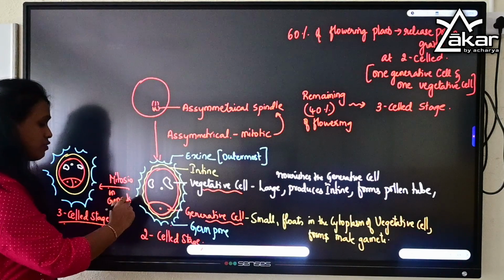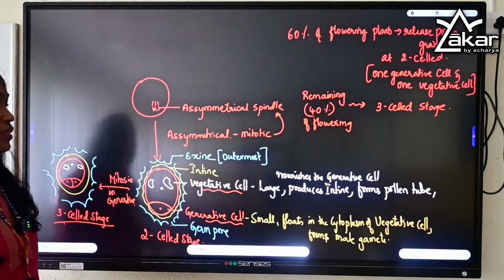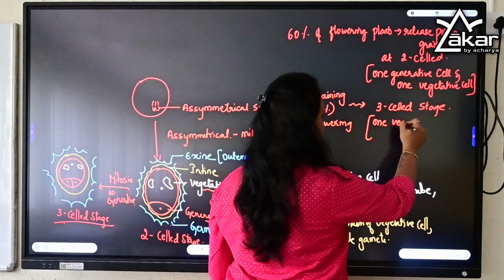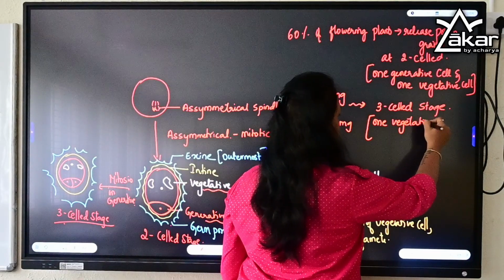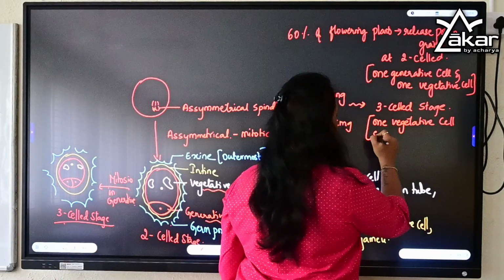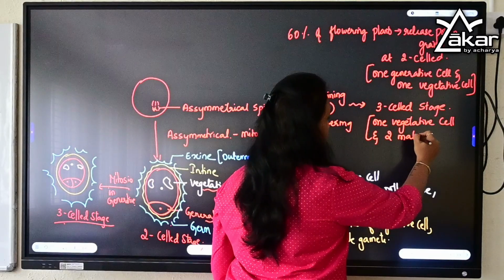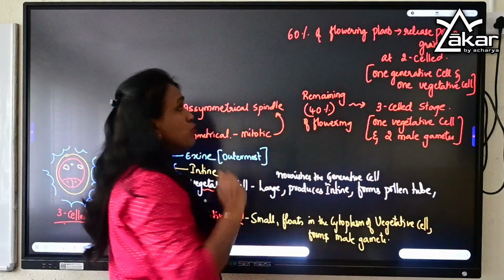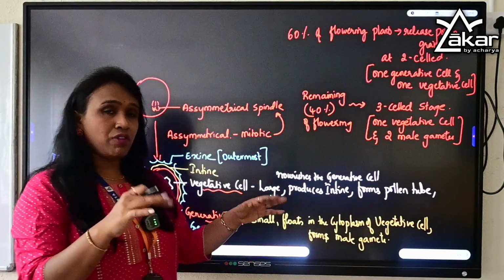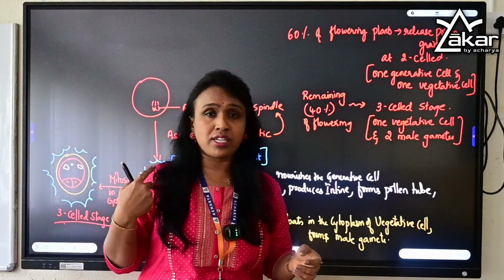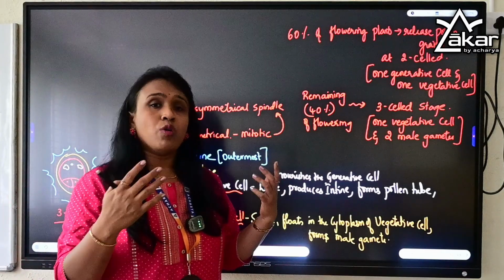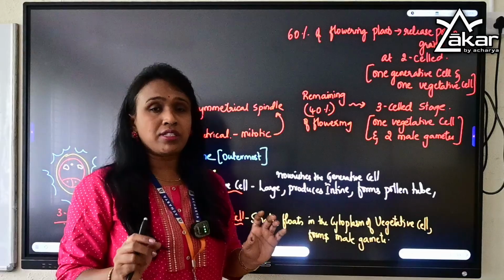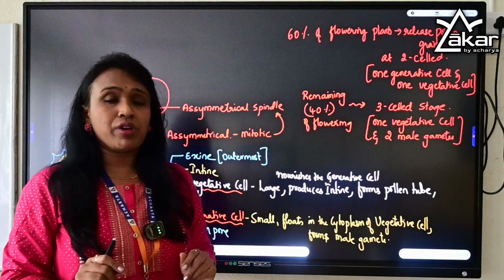So only the generative cell is dividing. In the 3-cell stage there is one vegetative cell and 2 male gametes. So when the 2-cell stage falls on the stigma, it will also undergo the 3-celled stage compulsorily. It is not that only one gamete is released. They want 2 male gametes to be released into the embryo sac.